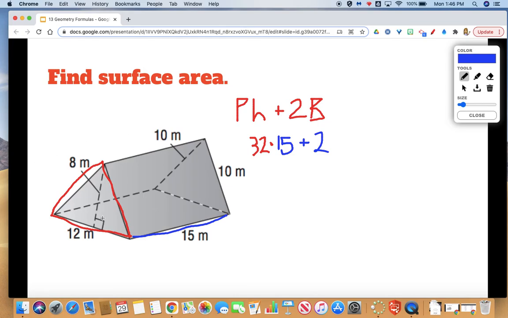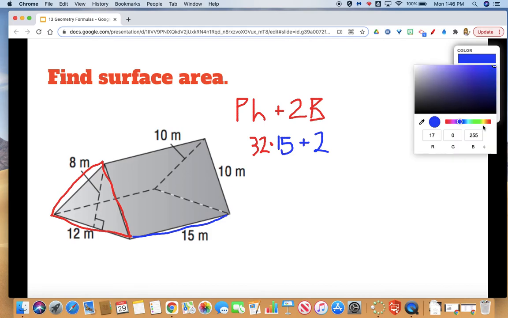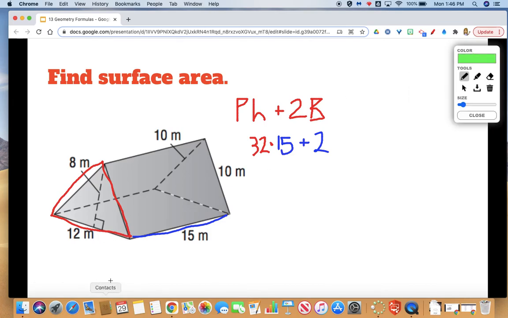The area of the base would be, let me switch colors here. Let's see, base times height divided by 2 because it's a triangle, so 12 times 8 divided by 2 is 48. So I'm going to plug that in for the area of the base.